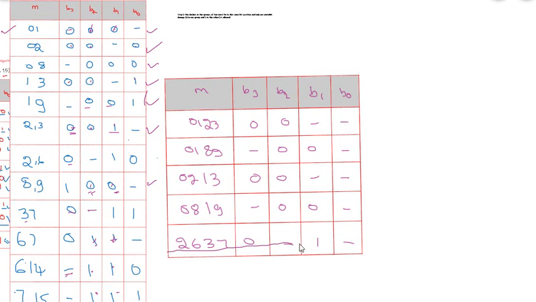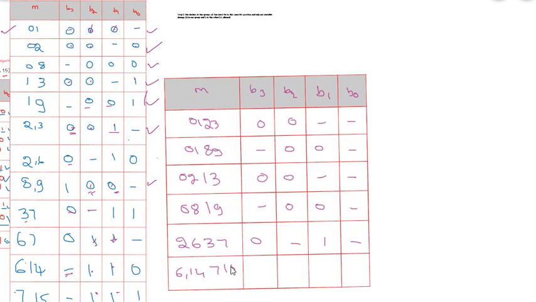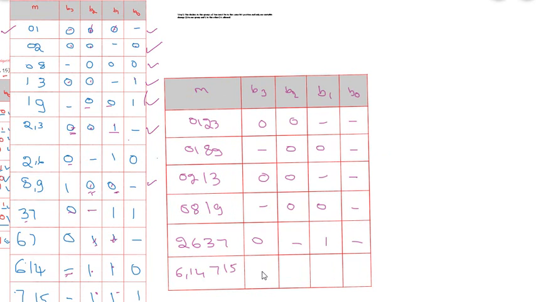So we will make the grouping of these two, that is 6 14 and 7 15. So here in this case the first bit is dash, then 1 1, then 0 1 we can represent as dash. This is how we can form the step 3.